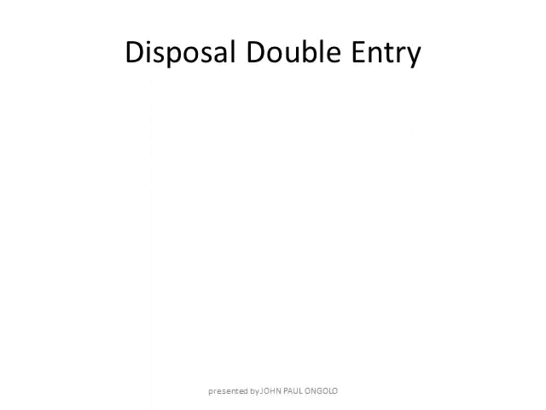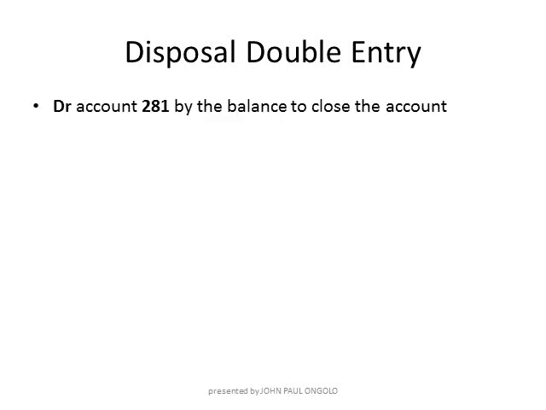The disposal double entry is, first of all, we have to recognize the depreciation which has occurred during the year before the disposal, until the date of disposal. Then after having recognized that depreciation, we debit account 281 by the balance in that account to close that account.